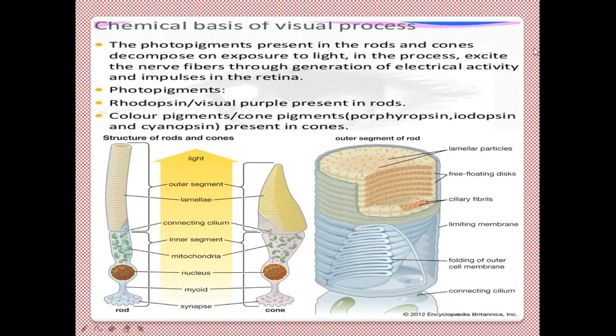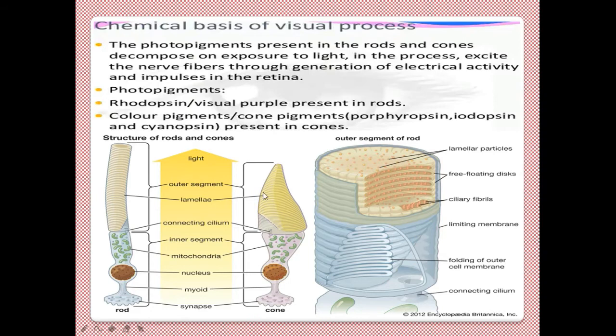Those electrical impulses excite the nerve fiber through generation of electrical activity. These impulses are created in the retina, in this portion. So photopigments are responsible for that electrical signal creation. This rhodopsin, or visual purple, present in the rods is responsible for that.